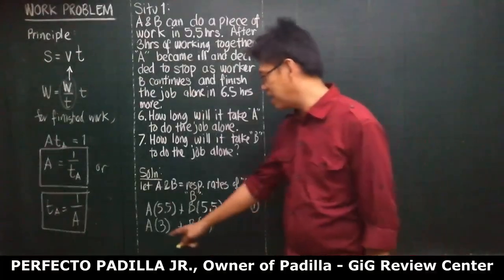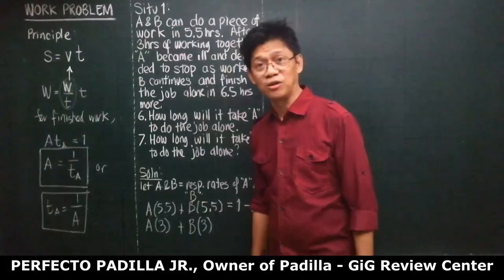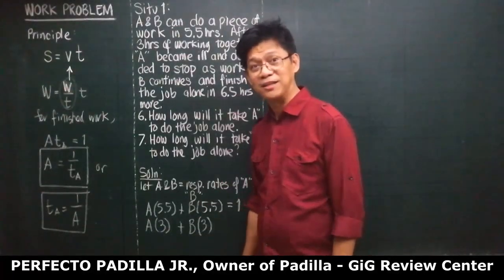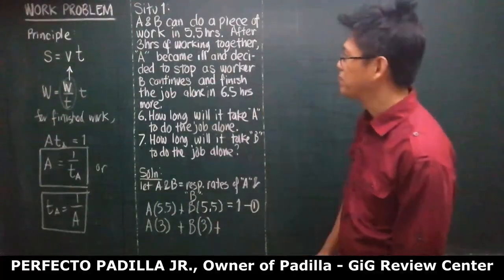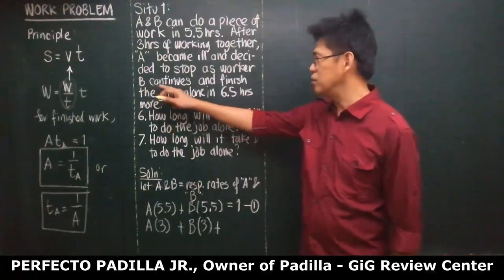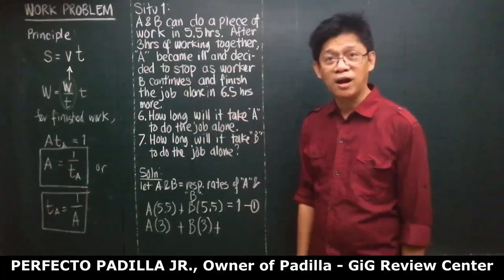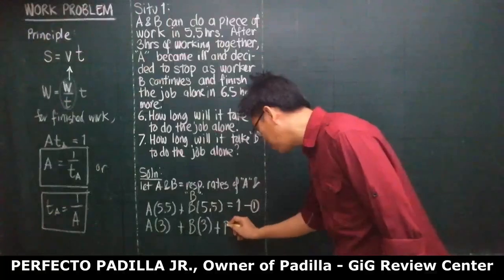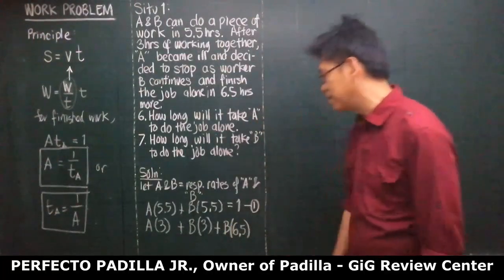Now, ang nangyari, nagkasakit si A. Hindi na siya makatuloy, no? So, siguro, naging COVID positive, no? Wag naman, okay? So, ang magpapatuloy na lang ng trabaho si B. Ang sabi dito, worker B continues and finish the job alone in 6.5 hours more. So, yung magagawa ni B is the rate of B times the time he worked, 6.5 hours.